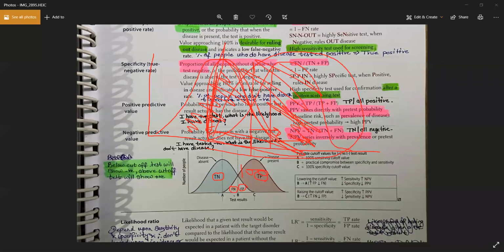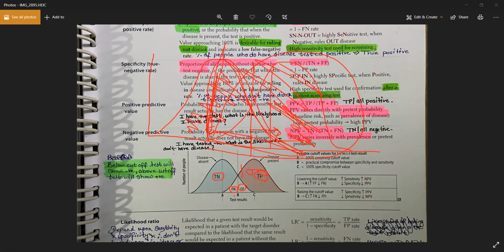So if I decrease the cutoff value of a certain test, then I am increasing the sensitivity of the test, right? But at the same time, because I'm increasing the false positive rate, I cannot say that my test is actually a very specific test, right?